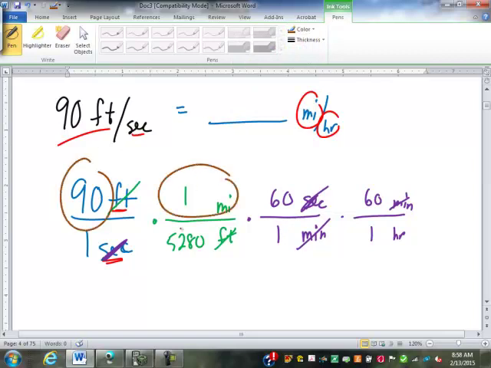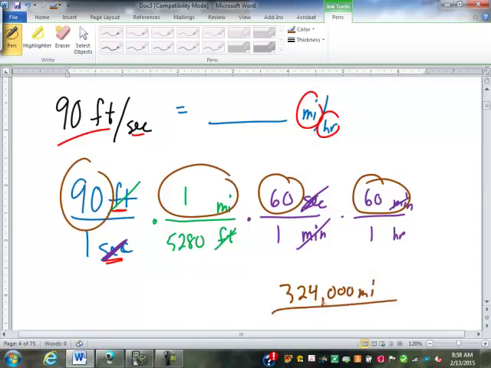So now we can go ahead. 90 times 1 mile is 90 miles times 60, 5,040 times another 60. I believe that's 324,000 miles that comes out to be. You guys can double check me if you'd like.